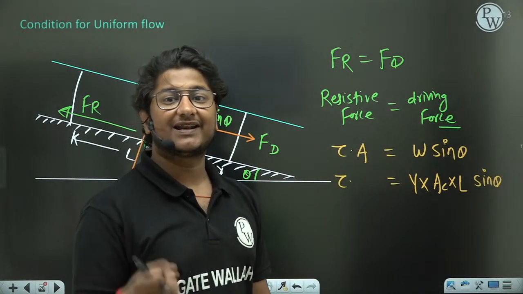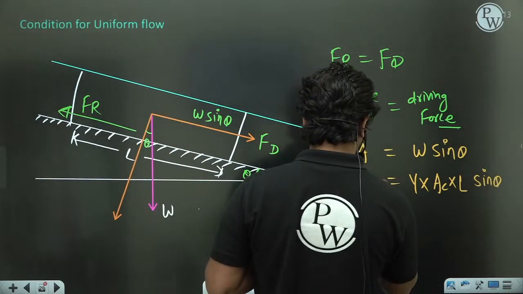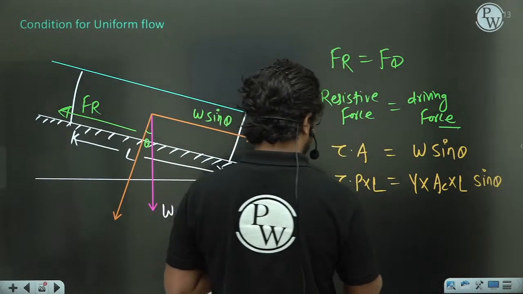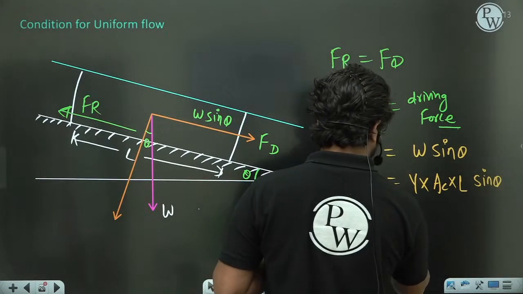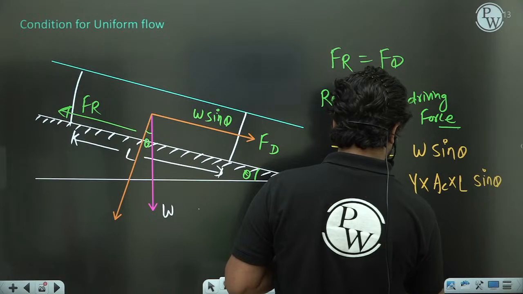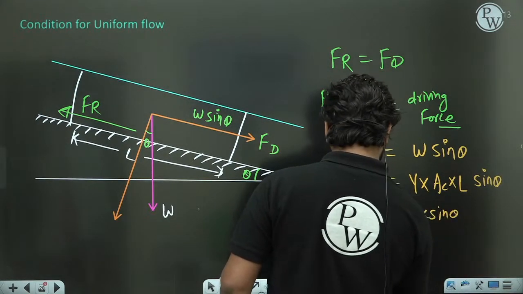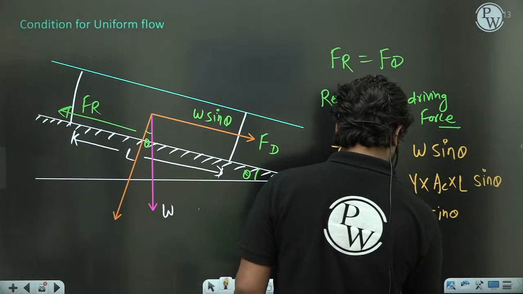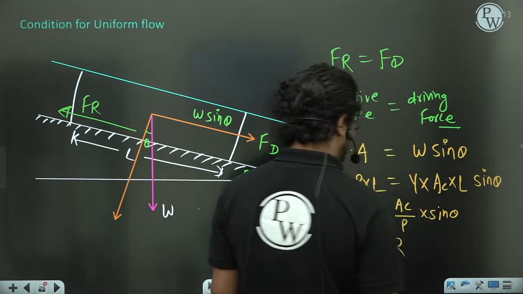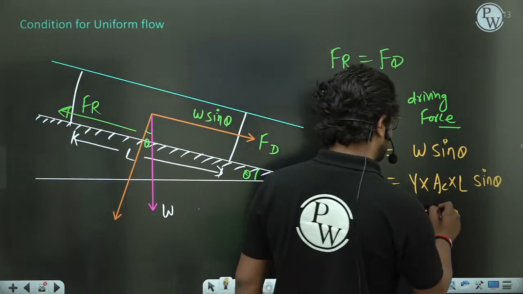So here I am writing P into length, perimeter into length. So L and L will get cancelled out. Tau will be gamma AC by P into sine theta. You know A by P is R, the hydraulic radius, and sine theta you can write as S naught.